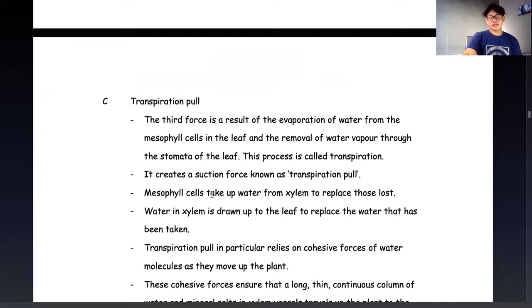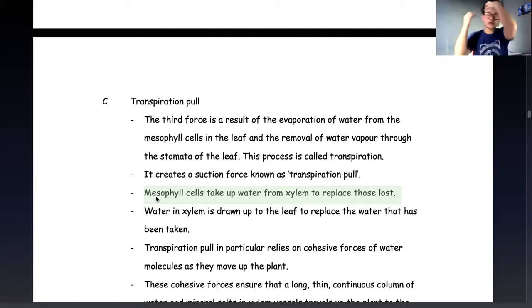And the mesophyll cells take up water from the xylem to replace those lost. So when the water from the mesophyll cells and the intercellular airspace of the leaves gets sucked out, the water present in the leaves needs to be replaced by other water.